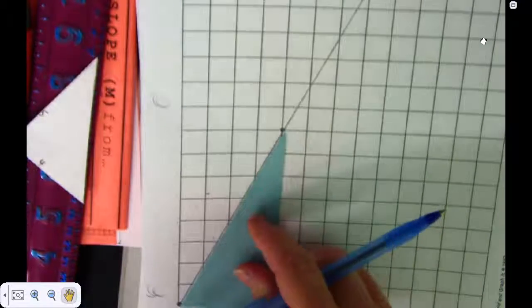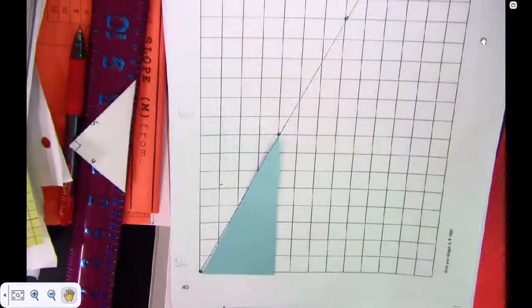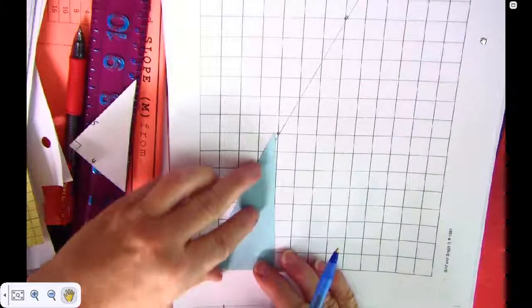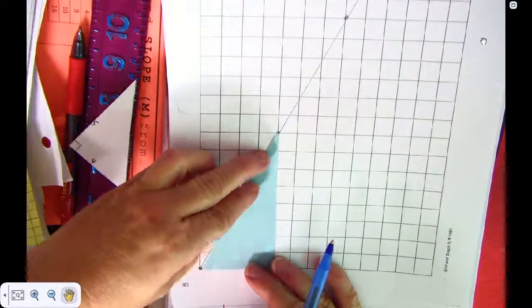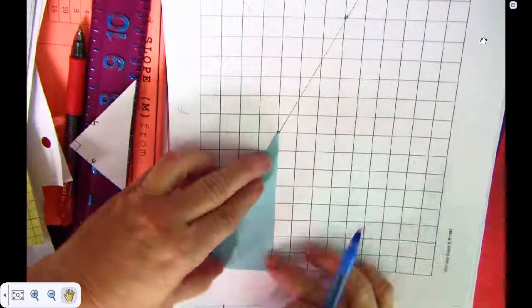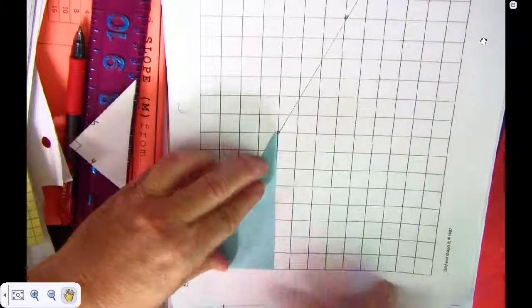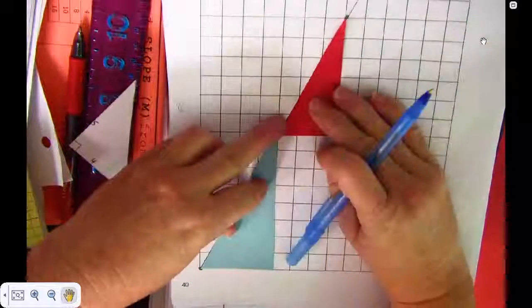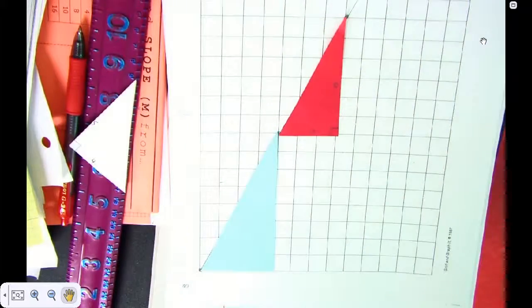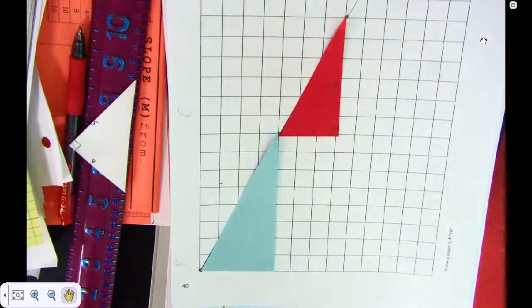So you're going to put the blue down here. I'm going to make it smaller so you can see. And it might not fit exactly because we cut it out, and we messed up a little bit, okay? And then the red up there. So it fits perfectly. They have the same slope.